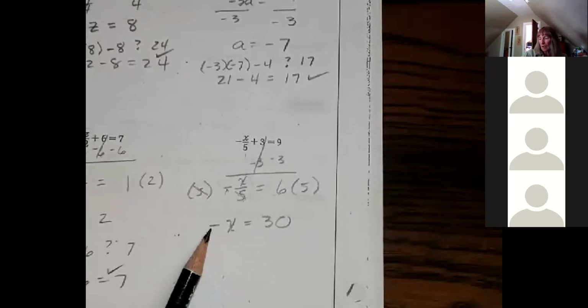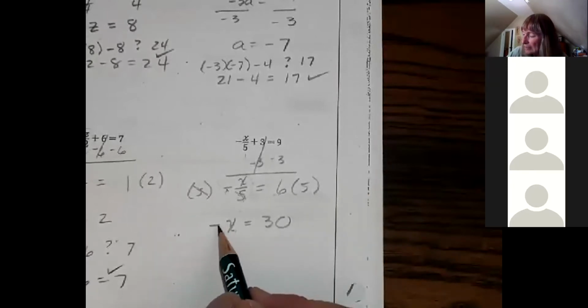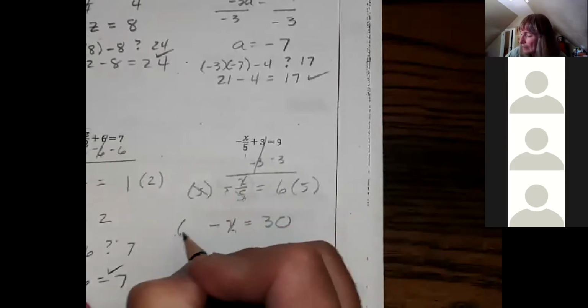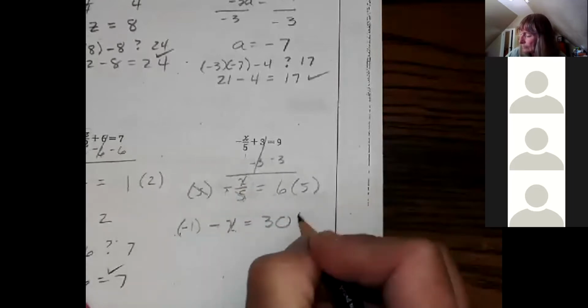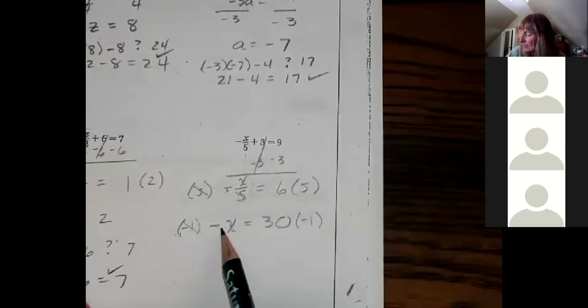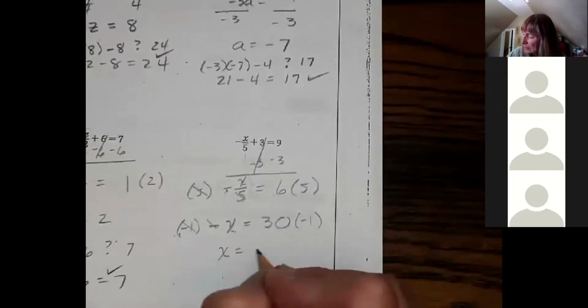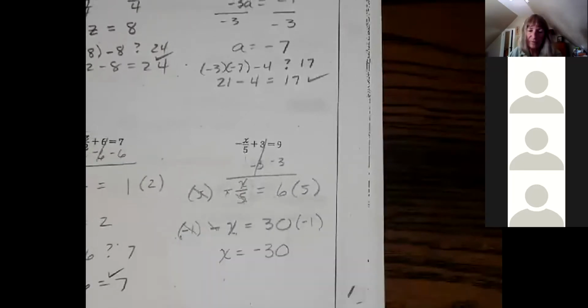I don't care what the opposite of x is. I want to know what x is. So to get rid of this negative, we have to multiply by -1. So this negative times a negative just cancels out, and we end up at x equals -30.